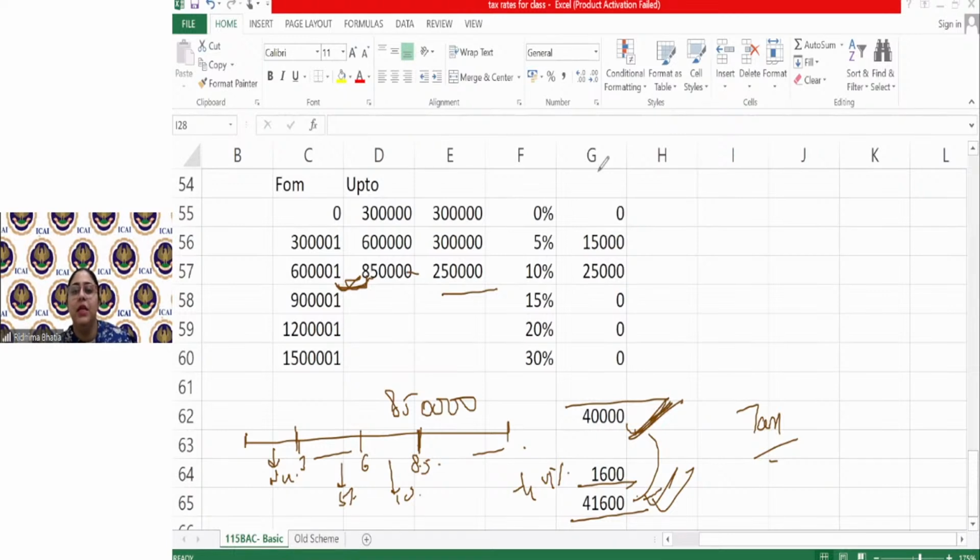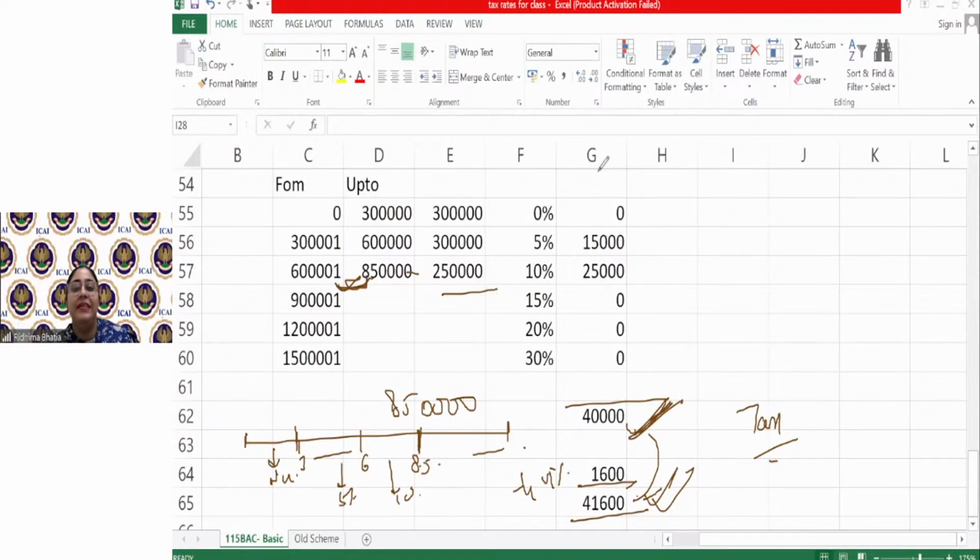Cess is compulsory and it would be applicable every year. The fee and penalties happen only when you make any default. Yes, this applies on real life income also. This is how you have to compute your income tax liability.